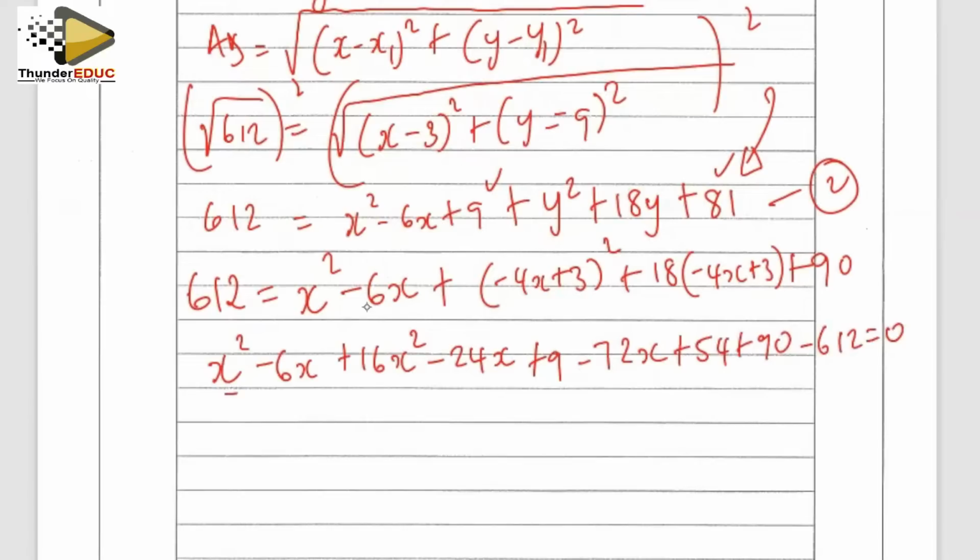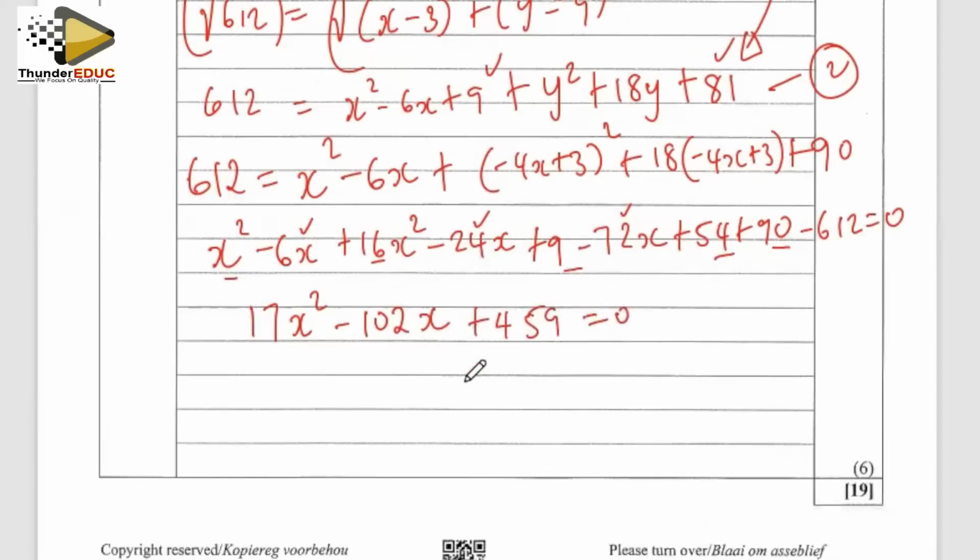So I know that X squared and that, I'll get 17X squared. Minus 6 minus that is minus 30. And then if I subtract that, I have -12X. Then the 9, the 54, the 90, and the 612, I'm just getting a positive 459 is equal to 0. Then all I'll do is divide through by 17.